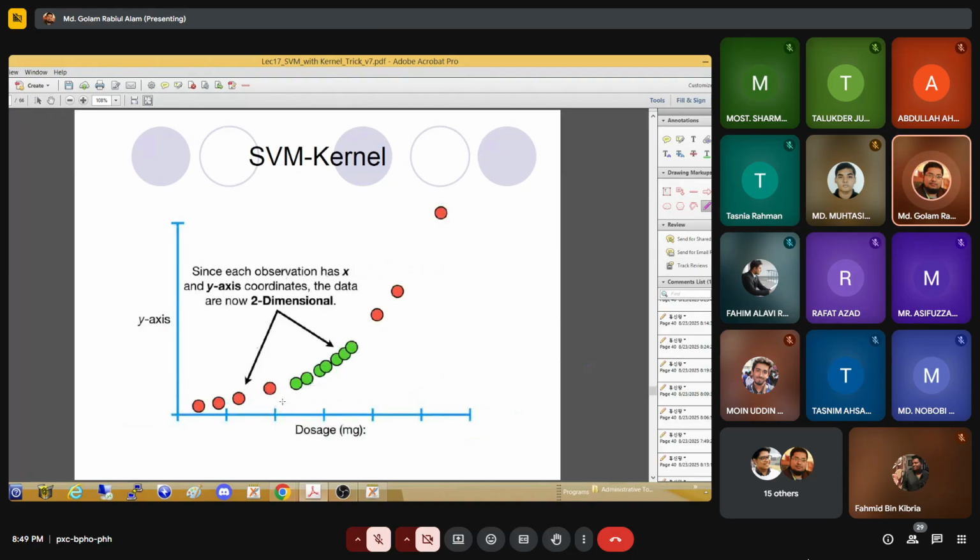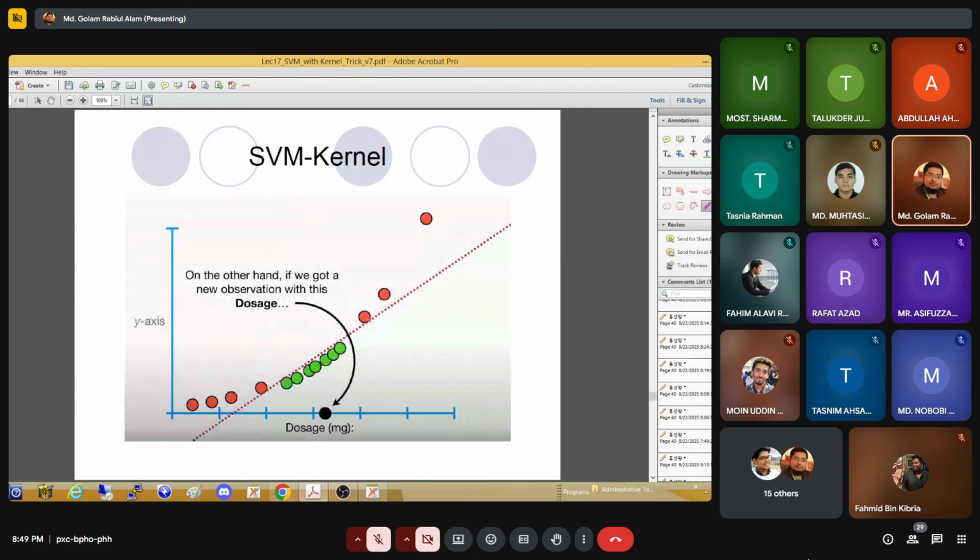Polynomial kernel, considering the R equal here is half, and our degree of polynomial equal to, you will get the data points this way. And we can see now it's possible to apply the linear SVM, because this is the line and it will classify the positives from the negatives.